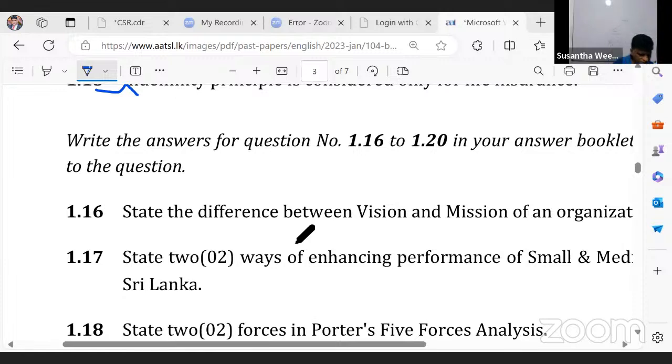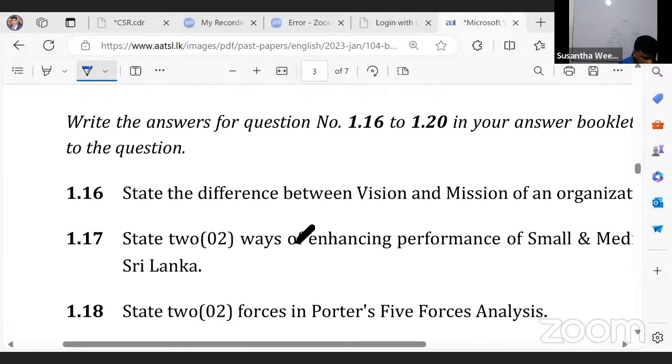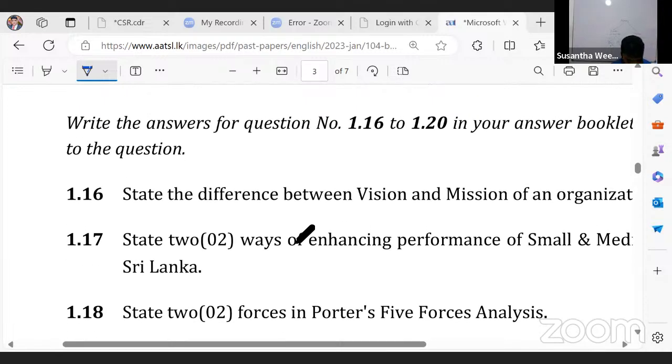Write the answer for questions 116 to 120 in your answer booklet. State the difference between vision and mission in an organization. What is the vision? Vision is the long-term objective of the organization, where the organization is going to be.